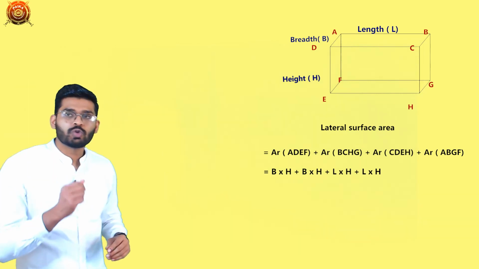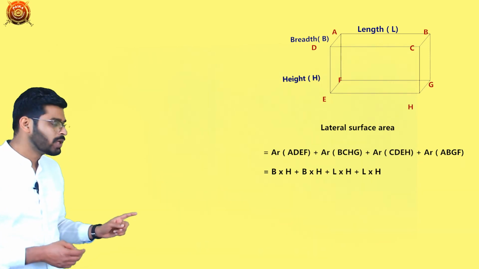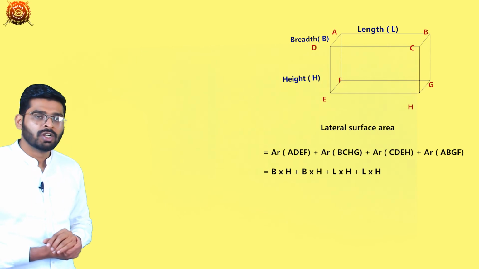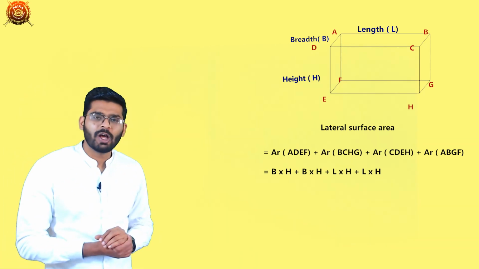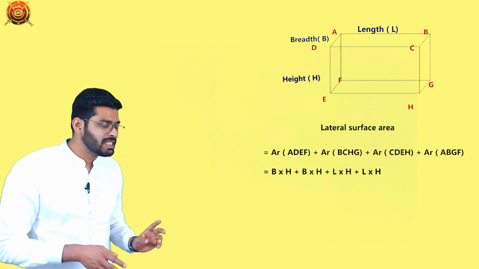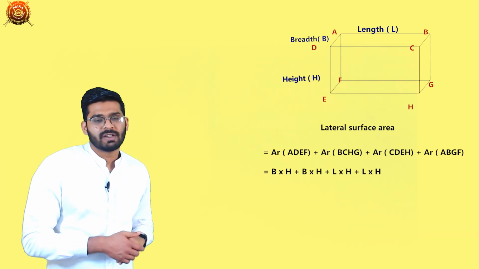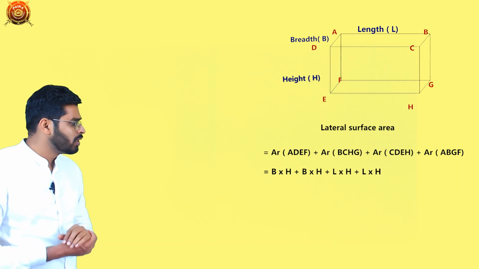Okay. Now students, if you have to find out the area of CDEH, you can see CD is the length and DE is the height, so area will be length into height. Similarly students, if you find out the area of ABGF, you can see AB is the length and AF is the height, so area will be length into height.